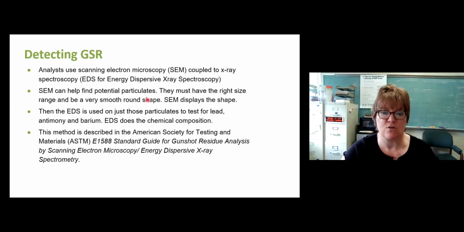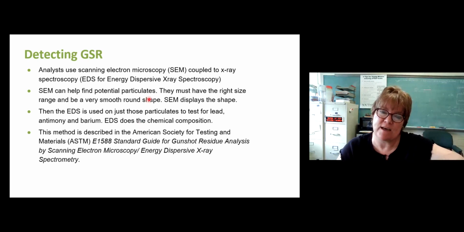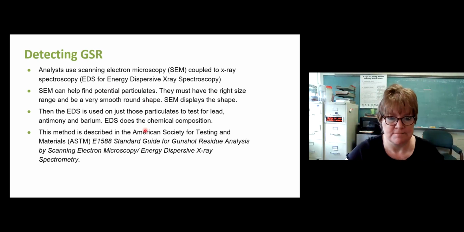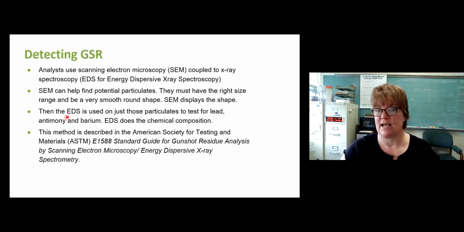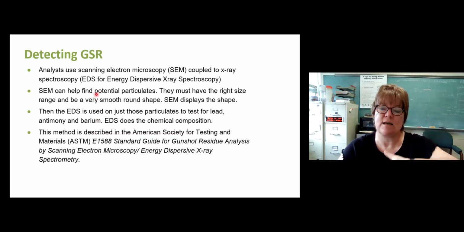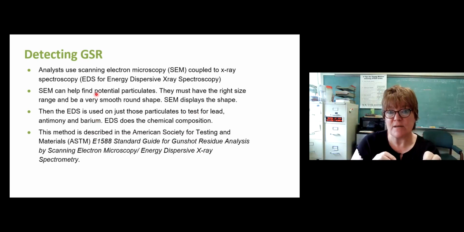SEM is looking for the size and the shape of them, but it turns out that certain chemicals have certain size and shape. And then the X-ray spectroscopy, this EDS, will tell me what kind of particles I have. It will tell me if I have lead, antimony, and barium. So that's testing the chemical composition. The SEM is testing the shape of the particles left behind.